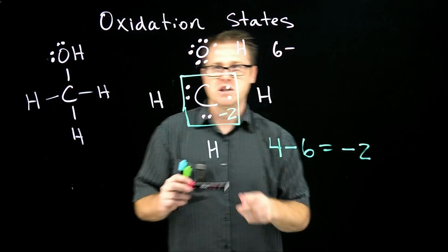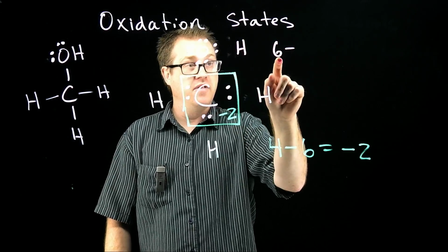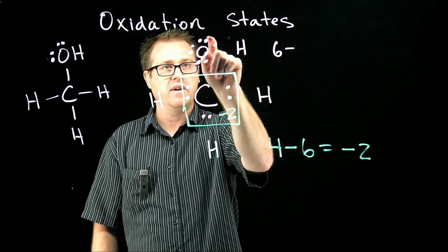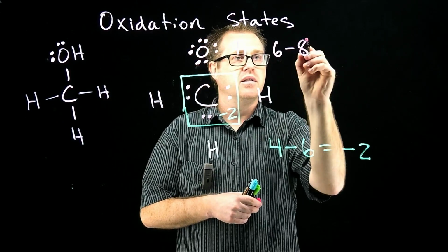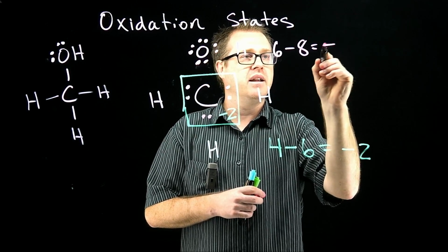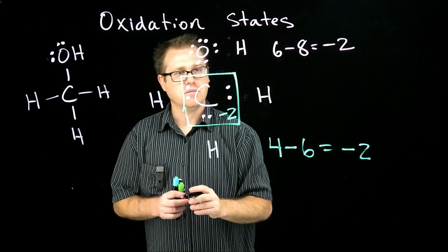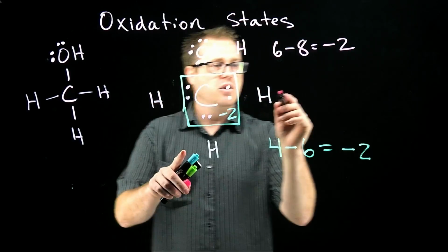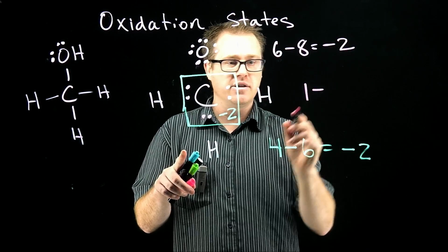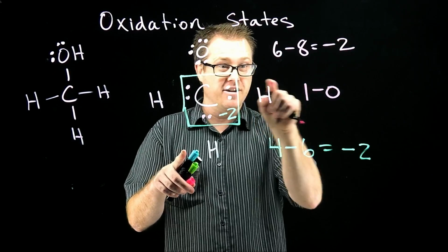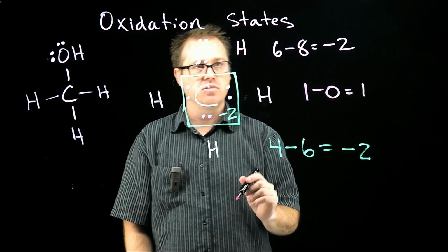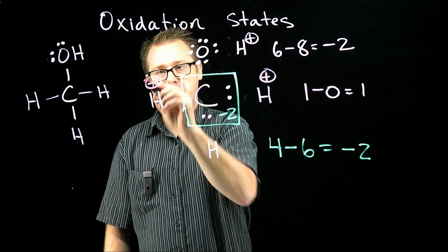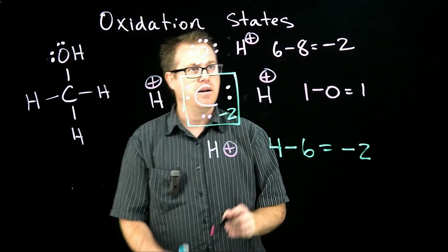So what's the oxidation number for this oxygen? How many valence electrons minus how many electrons it owns? 1, 2, 3, 4, 5, 6, 7, 8. So that equals a -2. And then what's the oxidation state of the hydrogens? Hydrogen has 1 valence electron minus 0 electrons around it equals a +1. So the hydrogens have a +1 oxidation number.